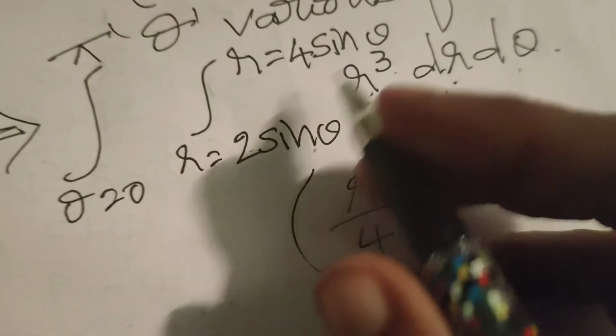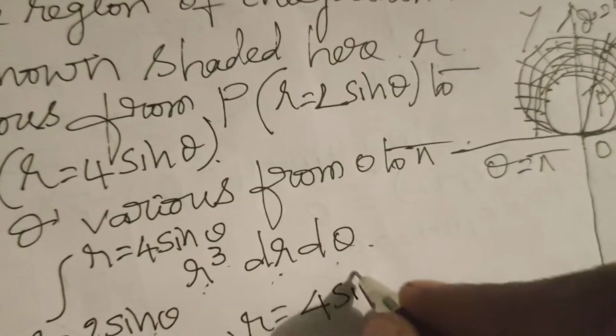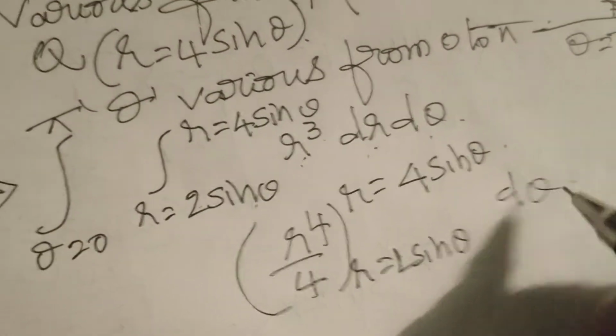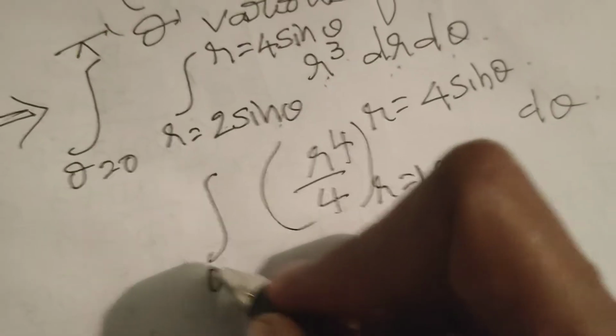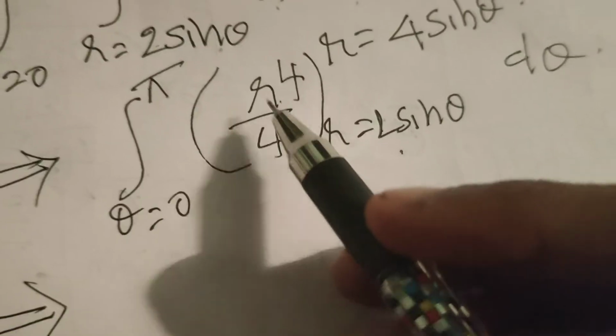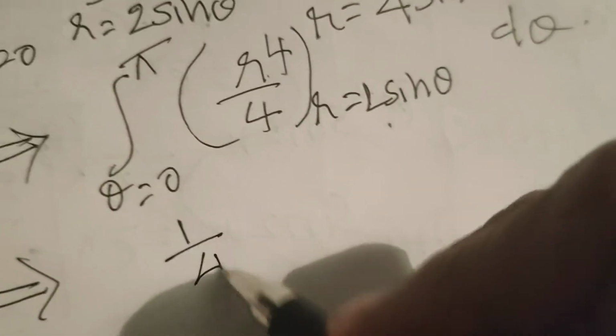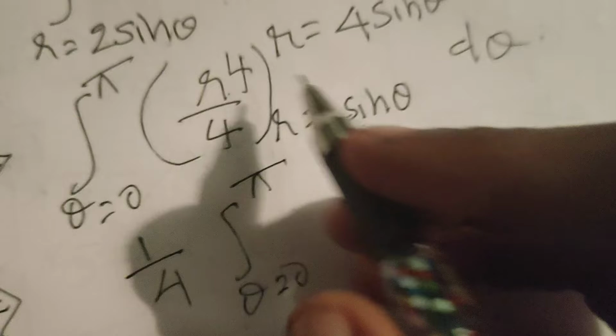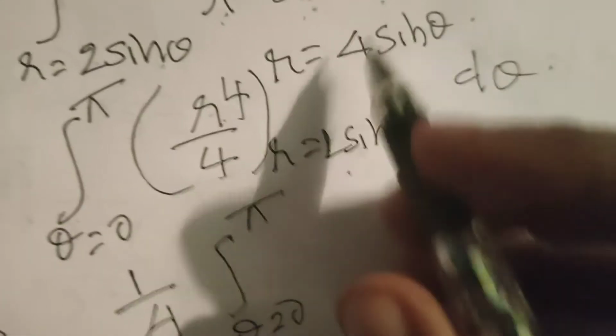After integration, substituting the limits r equals 2 sin theta to r equals 4 sin theta, remaining d theta as it is, and the other integral theta equals 0 to pi.